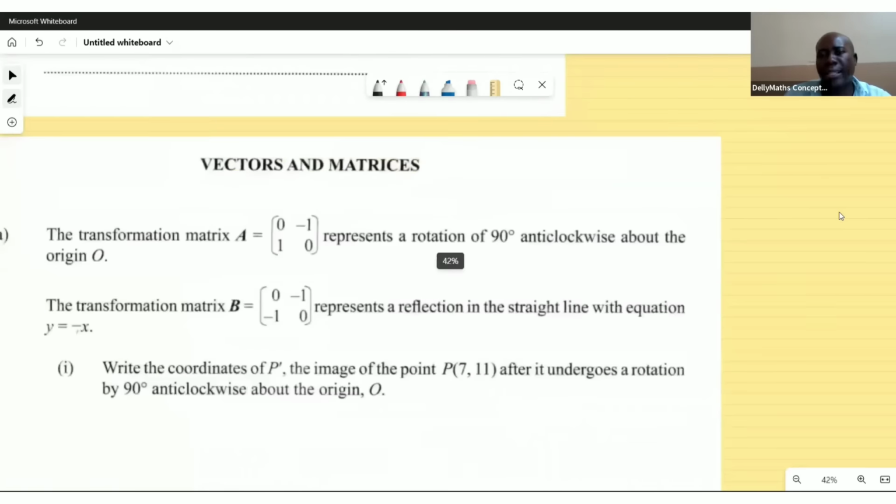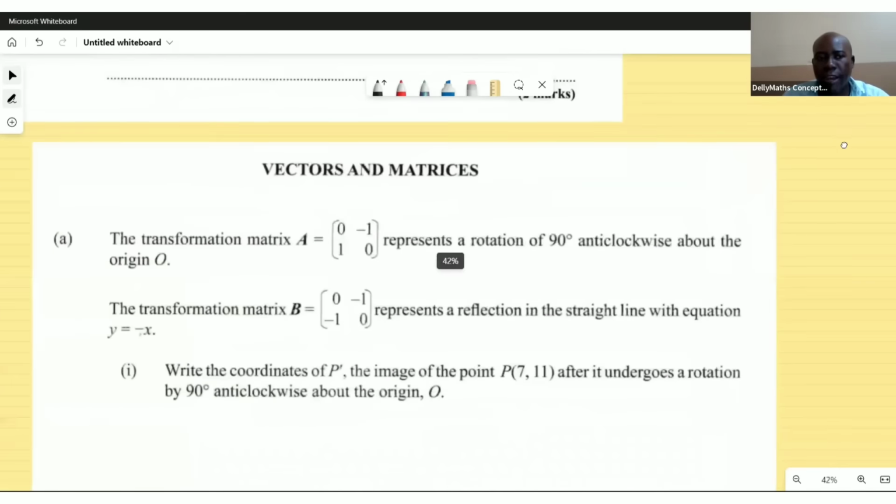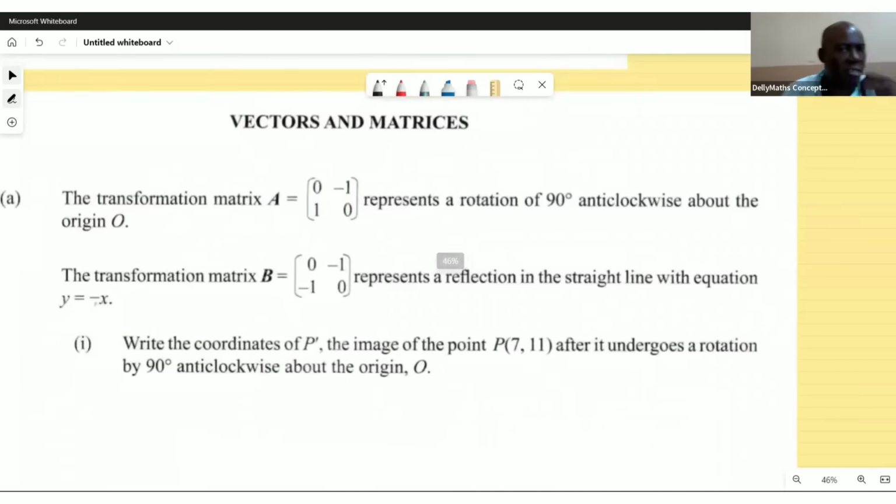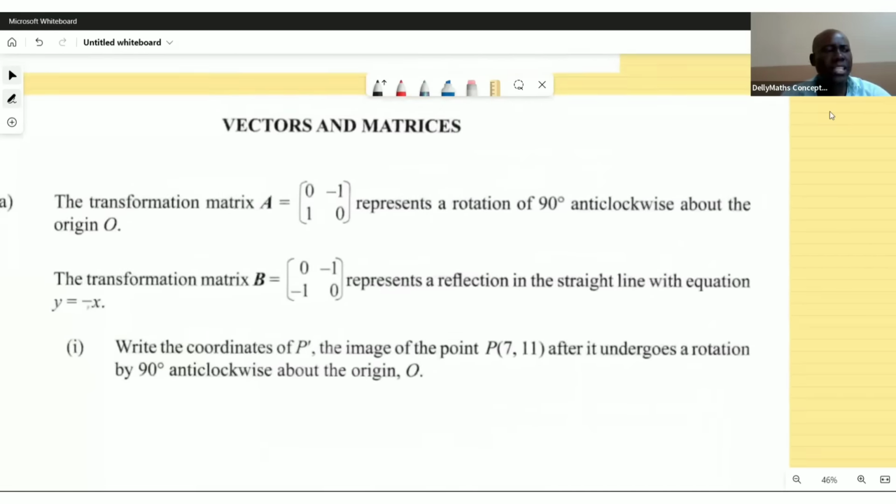Number 10 is entitled Vectors and Matrices. It says the transformation matrix A is 0, -1, 1, 0. It represents a 90 degree rotation anticlockwise about the origin.